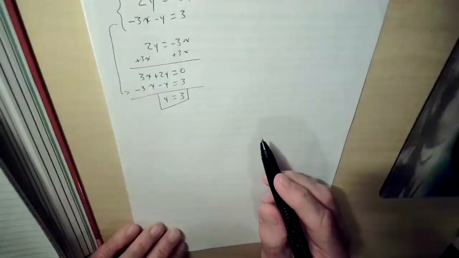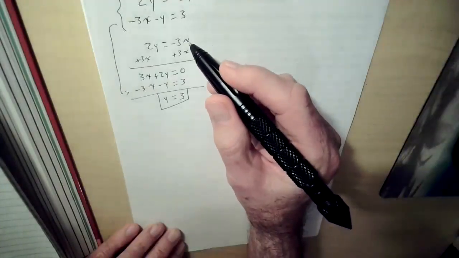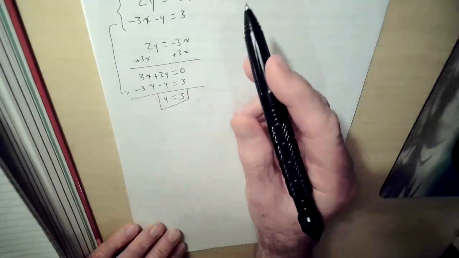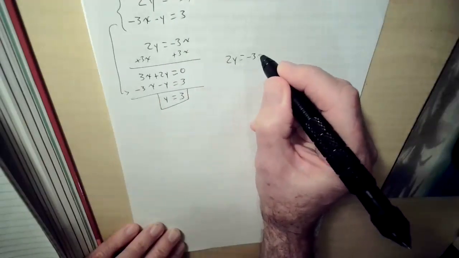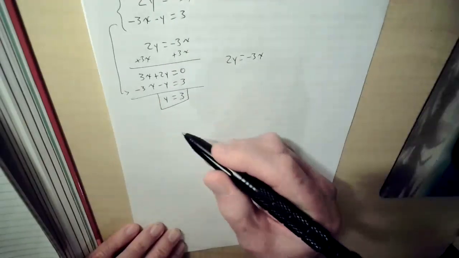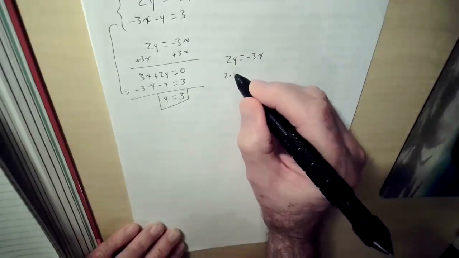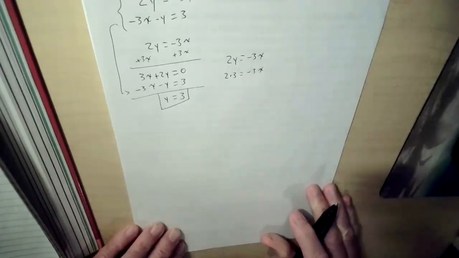Now what are we going to do? Well, let's put it up here in this original. So 2y equals negative 3x. But again, it doesn't really make any difference. y is 3, so we have 2 times 3 equals negative 3x.